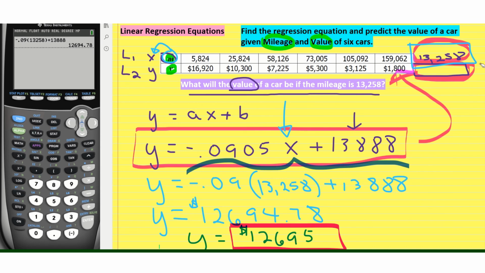So I can, if I want to kind of see how it fits in, this would be the mileage, and they predict that the value of that car is going to be $12,695. So I hope that that helps you see how to use your graphing calculator to come up with a regression equation, which helps people make predictions in real life.